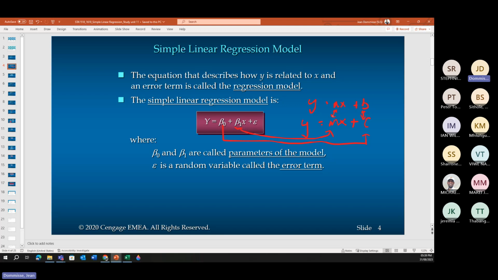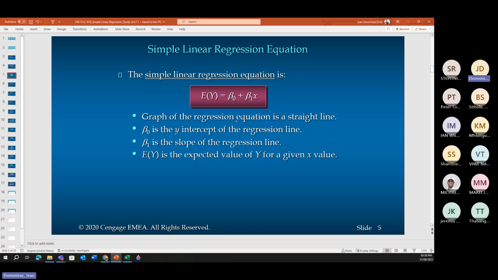So that might also be in some of the textbooks where they have a different type of linear line. Basically, things that we need to know on this linear line: b0 is the y-intercept, so that could have been the c as well that we have in others. b1 is the slope, so that could have been the m as well in my other formula. And then E(y) is the expected value, so sometimes that is the same as the y in other formulas.